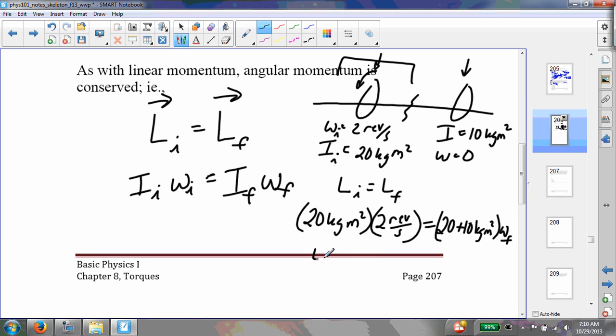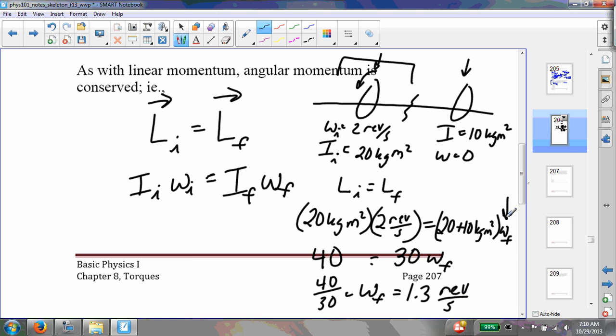So here I have 40 equals 30 omega f, so 40 over 30 equals my final angular velocity, which is 4/3, or 1.3 revolutions per second. If I carry my units properly, I'll find that omega final is in revolutions per second, because these units cancel over here.